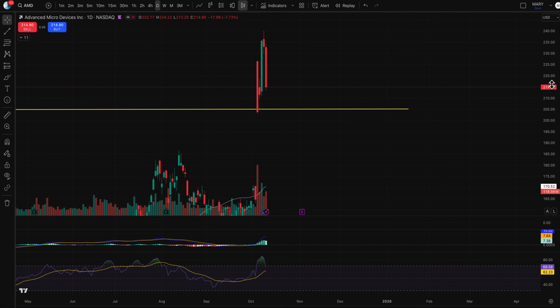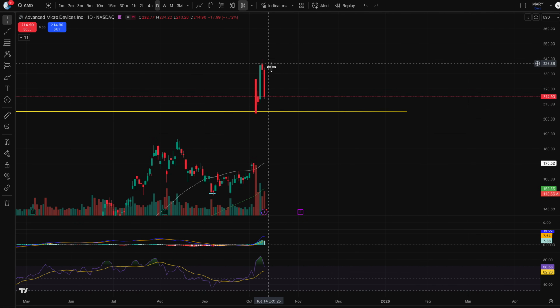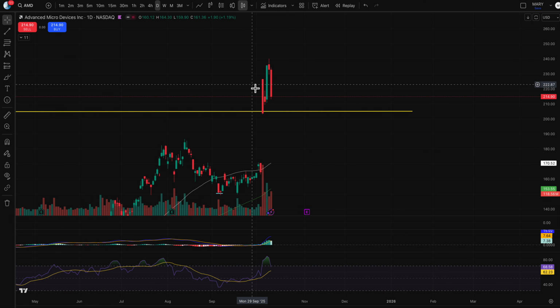So once again, this is an evening star pattern. We don't want to fall below 210, otherwise that will confirm the evening star reversal signal. If there's no breakdown to the downside below 210, this evening star pattern is invalid.